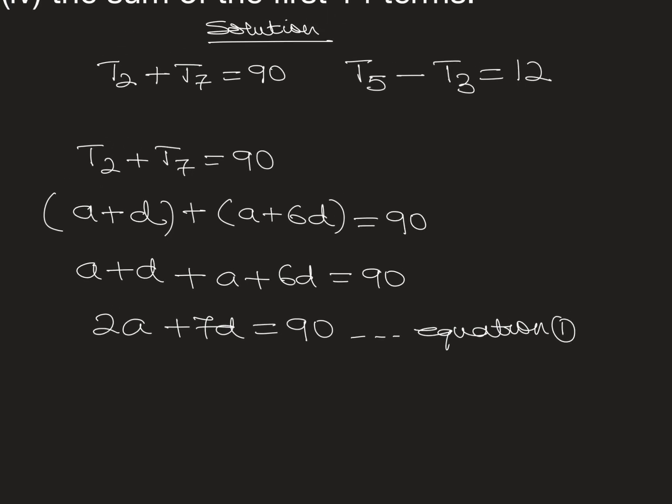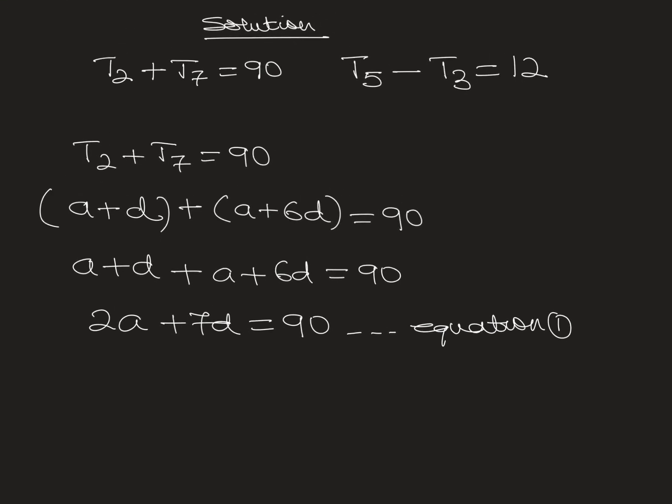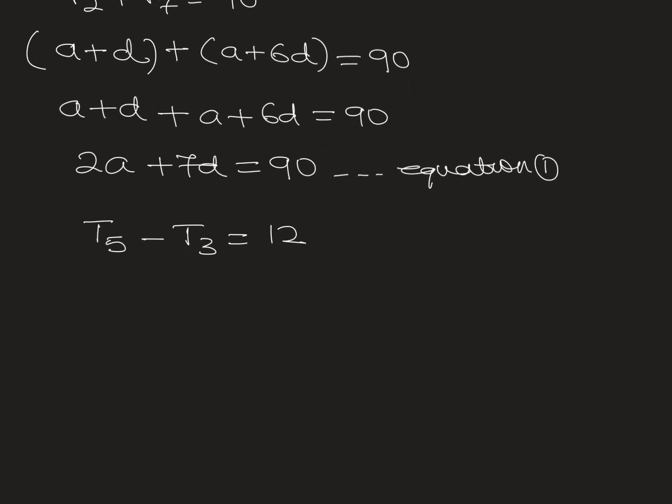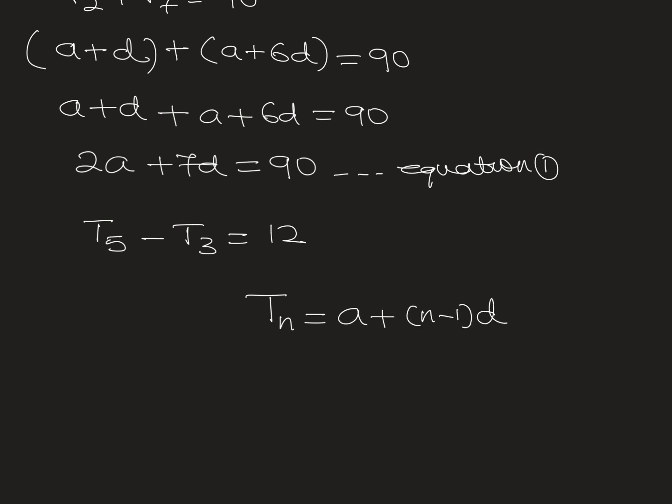Using this information that we have here, T5 minus T3 is equal to 12. Again, if we use T sub n is equal to A plus n minus 1 times the difference, T5 will be equal to A plus 5 minus 1 times the difference. So that will be A plus 4D.